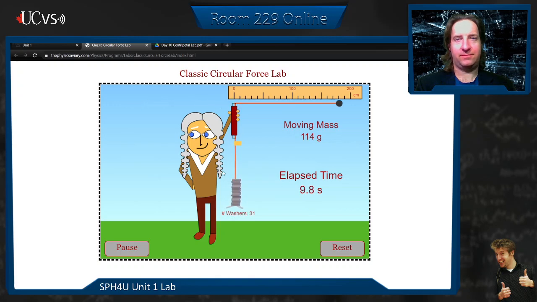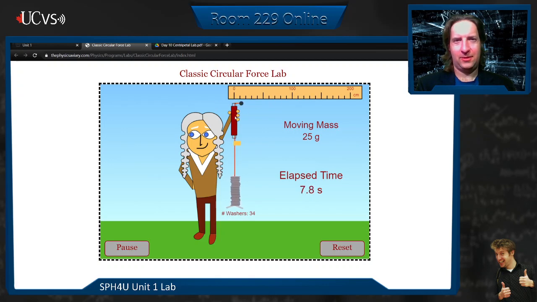You can see how fast that's going. And if I hit reset, let's say I have a big mass here, very short string, and very small mass. It's going to spin very, very fast. So this setup isn't very good because it's very difficult to count the number, right?